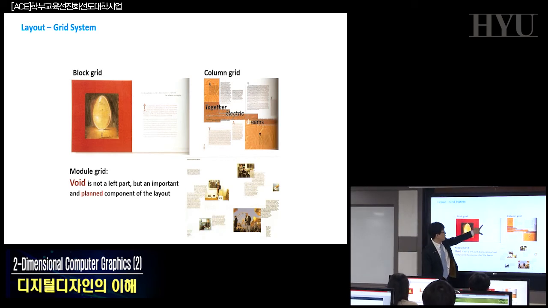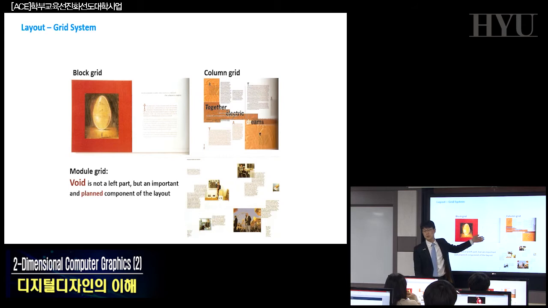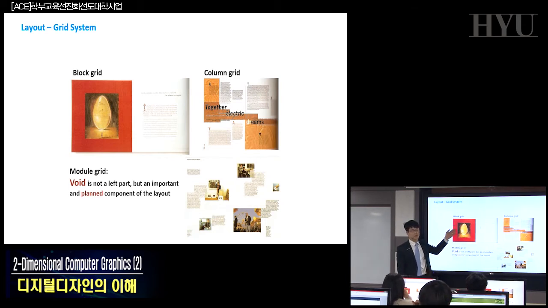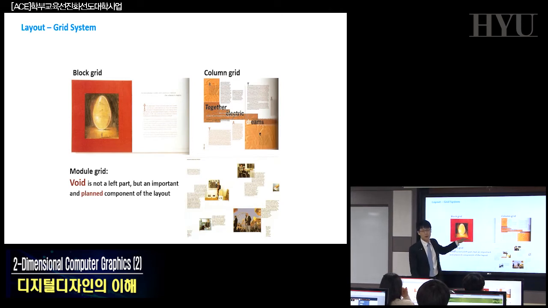And take a look at this part, another rectangle shape you can draw, right? That is a text box. So there is an amount of text written on the book, because this is book textual information, but there is an illustration. So we can simply divide components using some grid lines, okay? Simply say that is block grid, block shape grid.